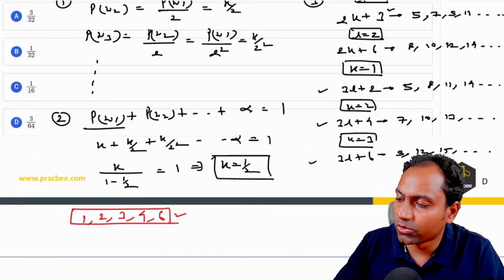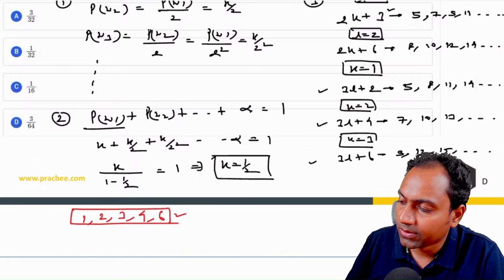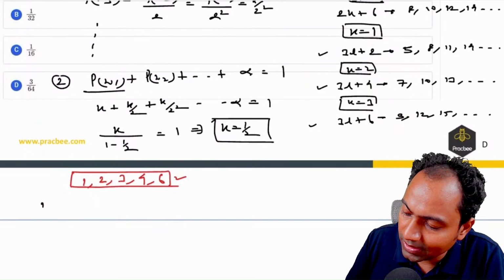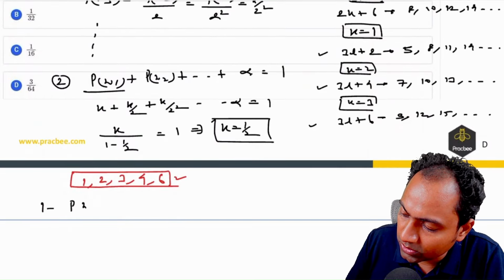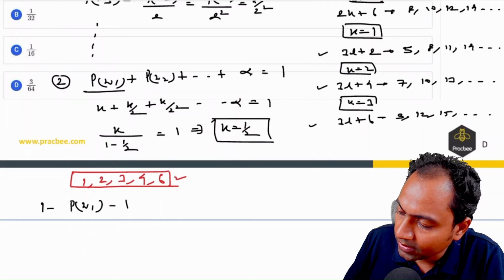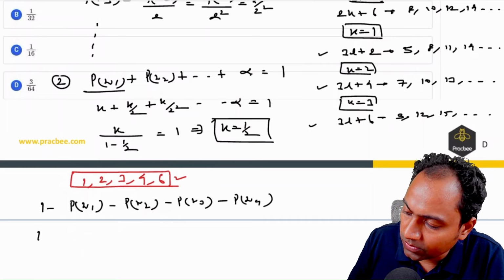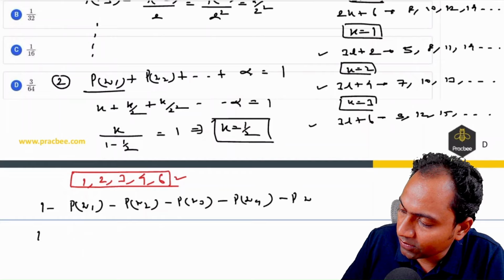So what we need to do, if we want to find the probability, is find the numbers that we are missing out of the total numbers. So I will subtract the probability of those numbers. So P of W1 is missing, then P of W2 will be missing, P of W3 would be missing, then P of W4 would be missing out. And then P of W6, of course.